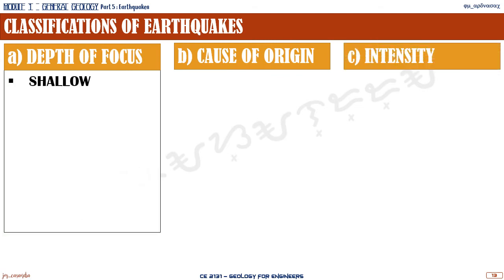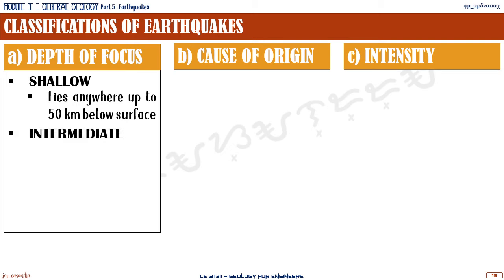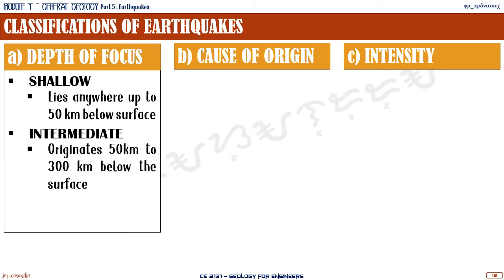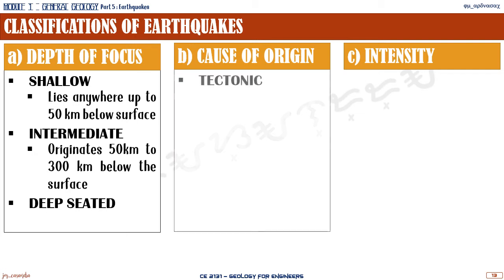So under depth of focus, we could now classify earthquakes as either shallow earthquakes, which would usually lie anywhere up to 50 kilometers below the surface, or intermediate earthquakes, which would lie from 50 to 300 kilometers below the surface, and deep-seated earthquakes, which are found 300 or lower than 300 in the surface of the earth.